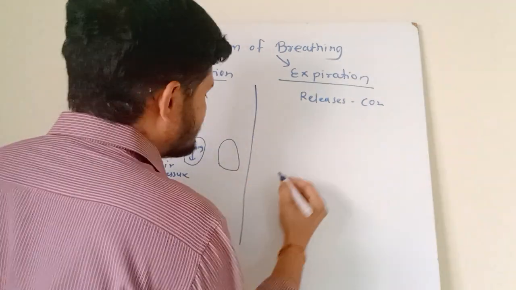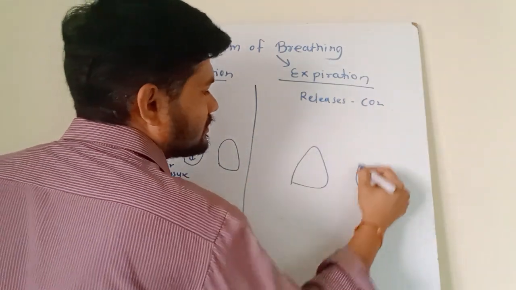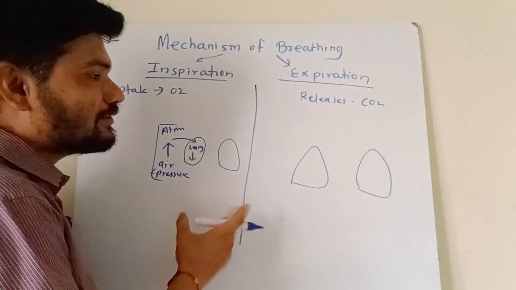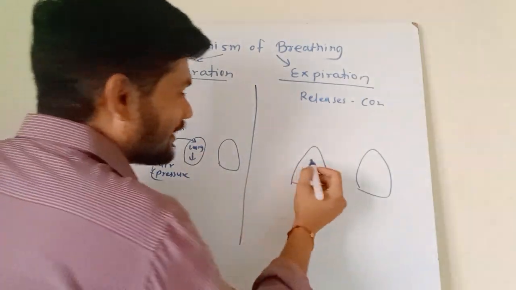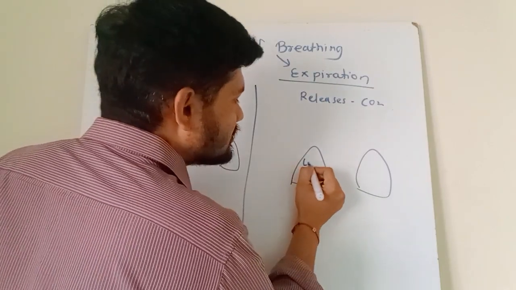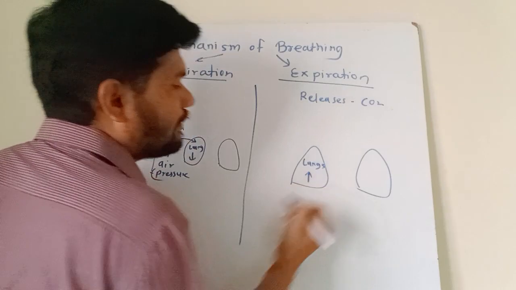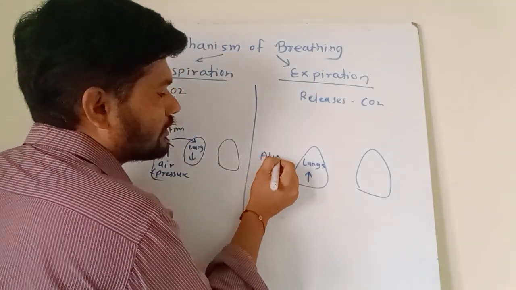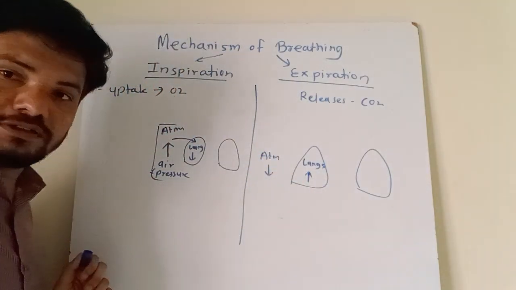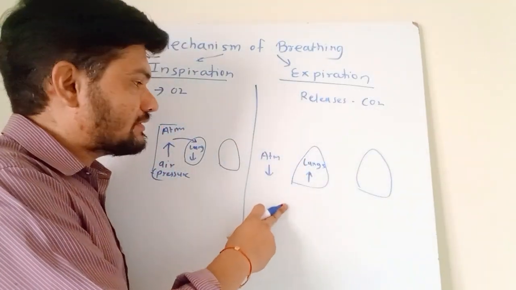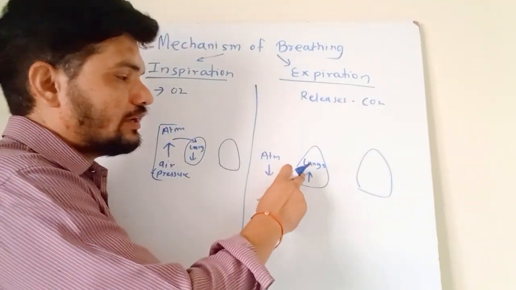And in the case of expiration, suppose these are your lungs. My lungs' shape is changing from this to this. If there is high pressure in the lungs compared to the atmosphere, where there is low pressure, then expiration happens.